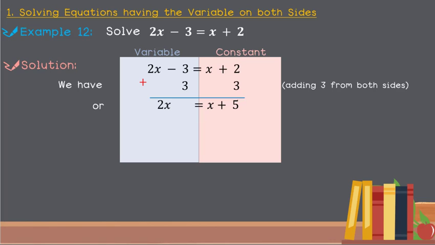The next thing we want to do is get all of the variable terms on the left hand side. So we don't want this x here. So maybe we subtract x from both sides. So what do we get?